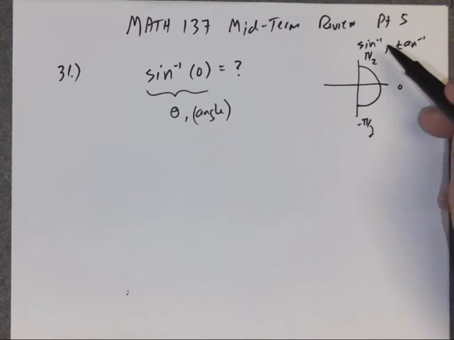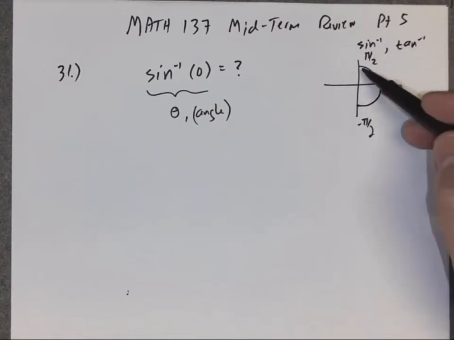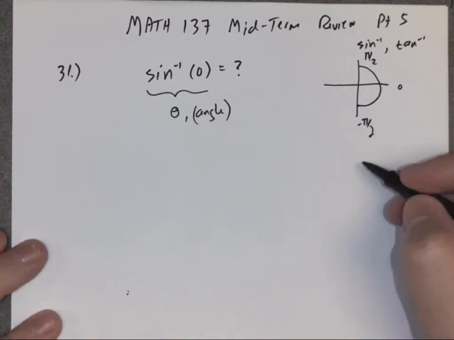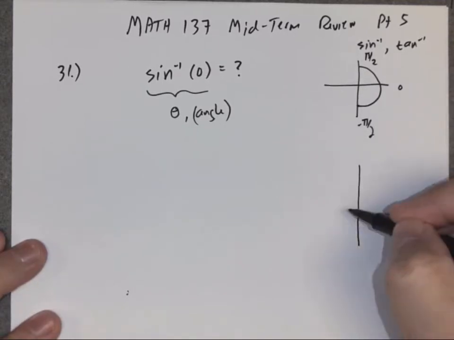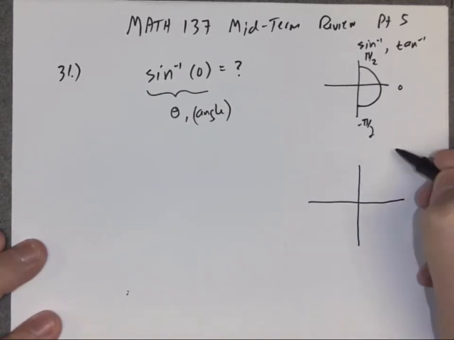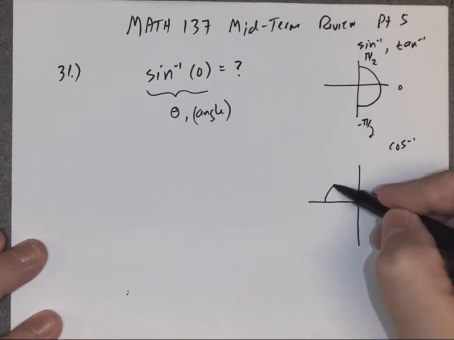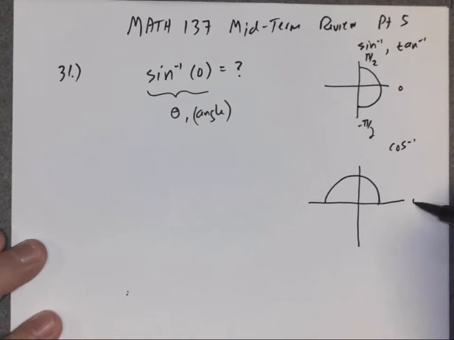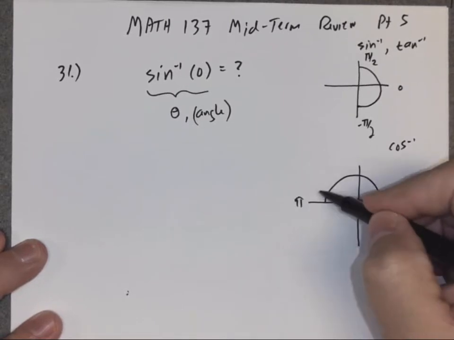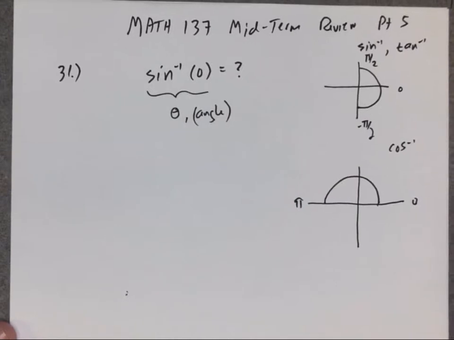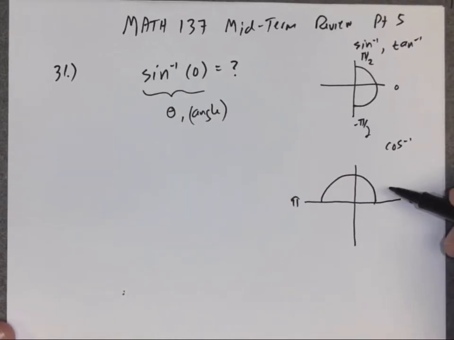So anytime you have an inverse sine or inverse tangent function, your answer has to be over here someplace. And then what makes it even a little trickier is if we ever do an inverse cosine function, same idea, except the answer has to be between 0 and pi. So every time you start working with inverse trig functions, you got to keep this in mind.